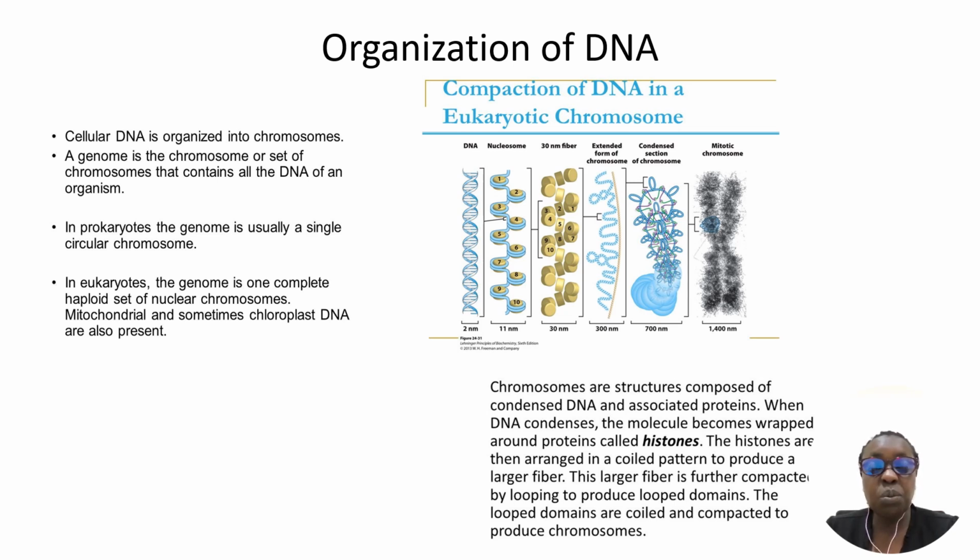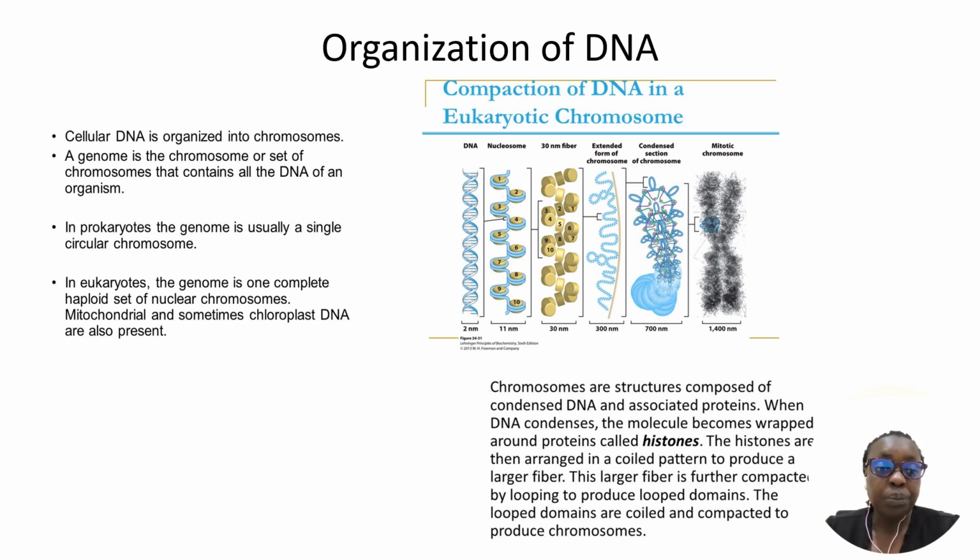The usual forms we can see in the cell during mitosis is a very highly folded form of the DNA, which can be seen even through the microscope. Okay, these ones can be seen during mitosis. But when the cell is not preparing to divide, the DNA is slightly opened, and we can see like spots or a dark spot in the nucleus.